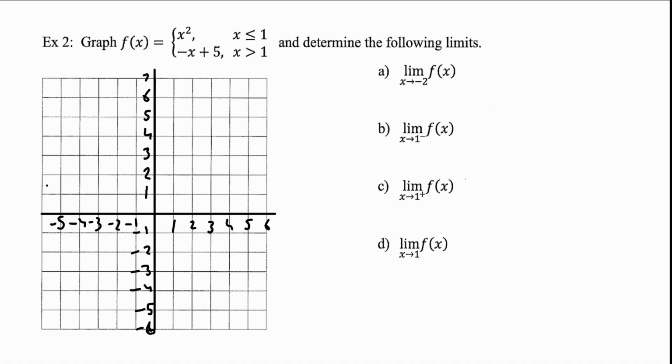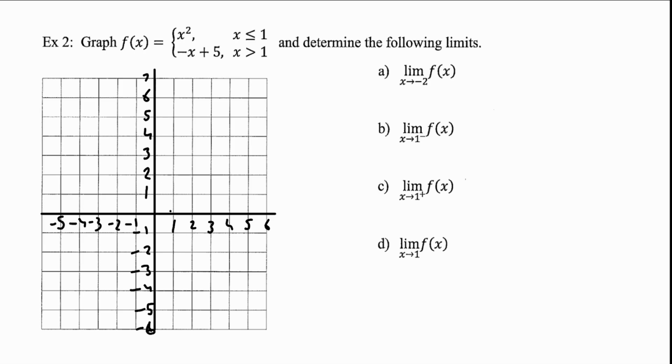So for our first example, we're told to graph this piecewise function, which is f of x is equal to x squared when x is less than or equal to 1, and -x plus 5 when x is greater than 1. And we're told to determine the following limits. So let's start by graphing the piecewise function. So we have to graph x squared when x is less than or equal to 1.